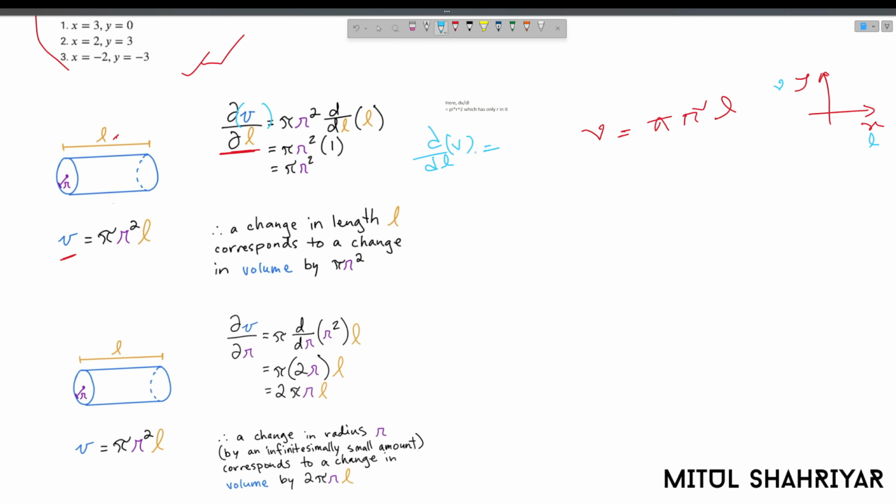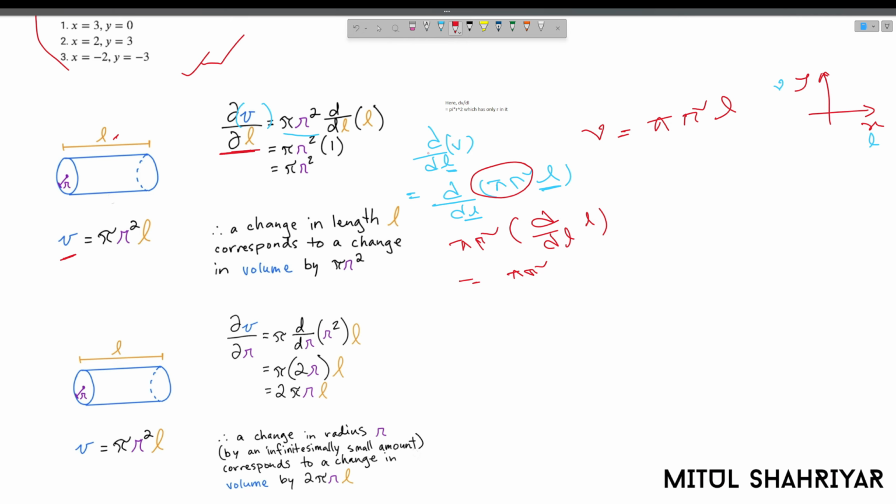So we know dV/dL, this is what we do, and V equal to pi r square L. Let me just write it here: d/dL of pi r square L. As we know, we can treat pi r square as a constant, so it should be pi r square, and then we have dL/dL, which is basically 1, so we have pi r square.